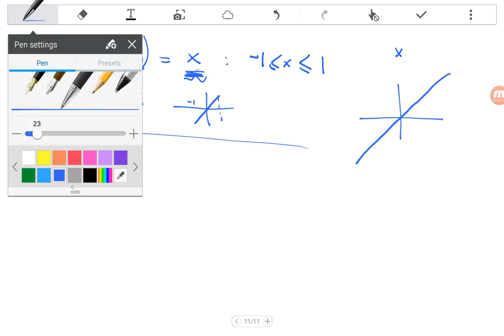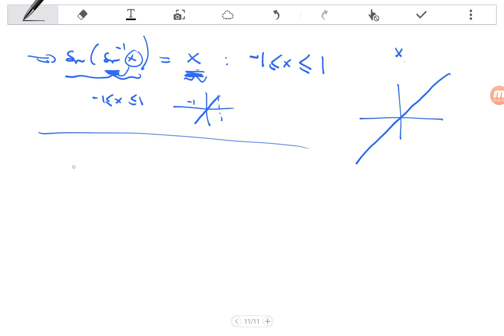What about this function? Sine inverse of sine x. I'll just ask you, when would it be x? When would I say that this function opposes this one or cancels the effect of that other function?